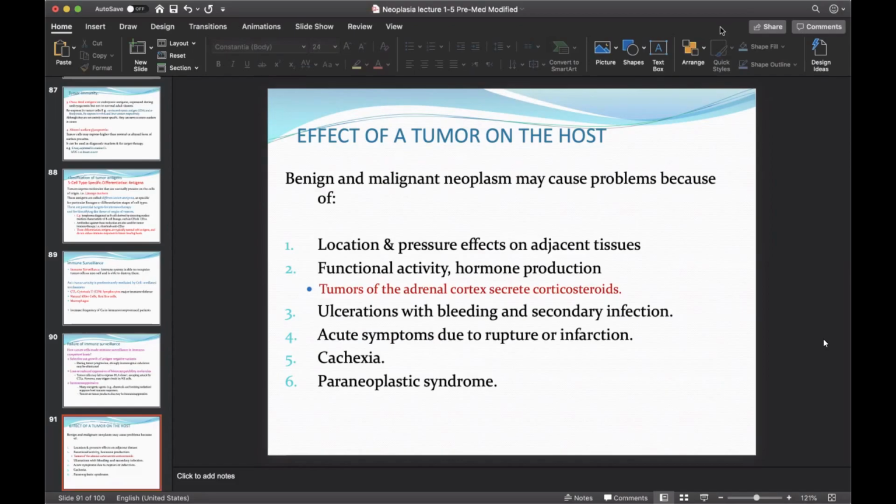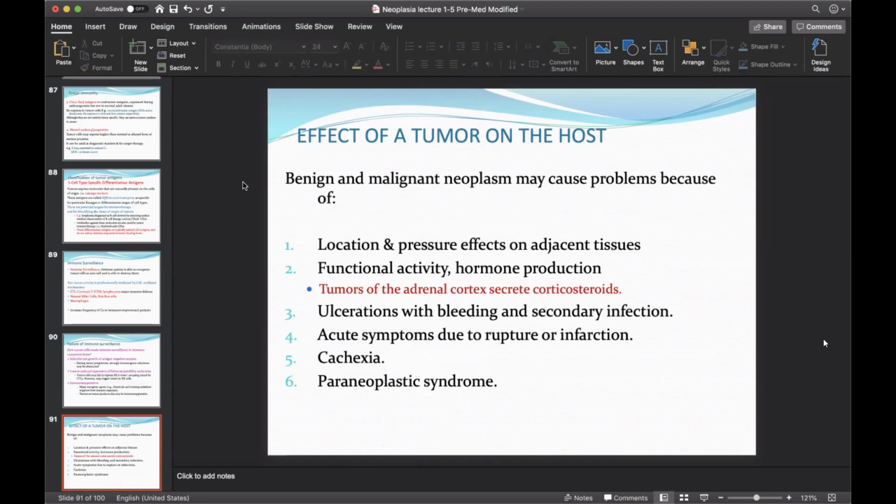So the effects of tumor on the host: effects related to location and pressure, also functional activity, especially in tumors that produce hormones. For example, tumors of the adrenocortical gland that produce steroid, you will have Cushing syndrome.